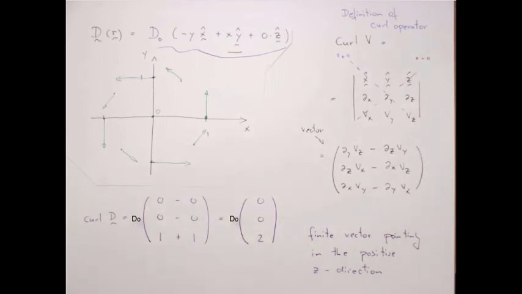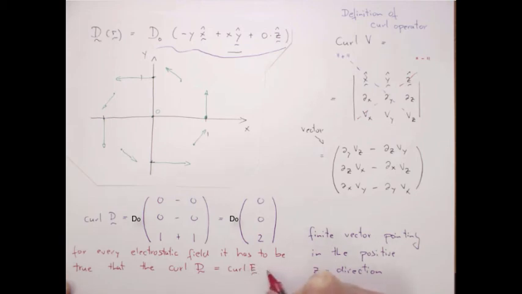Since this is not an electrostatic vector field, the natural conclusion is, in order to exclude rotational, curling vector fields like this, we have to require that for every electrostatic field it has to be true that the curl of that field, the curl of D, which then is equal to the curl of E, has to always be 0.